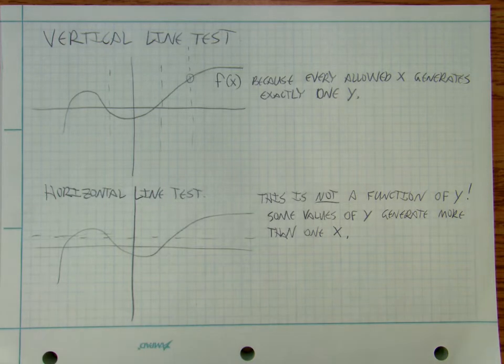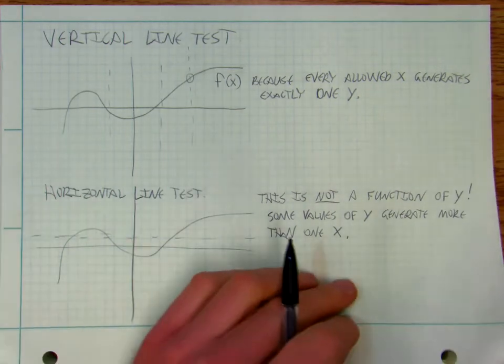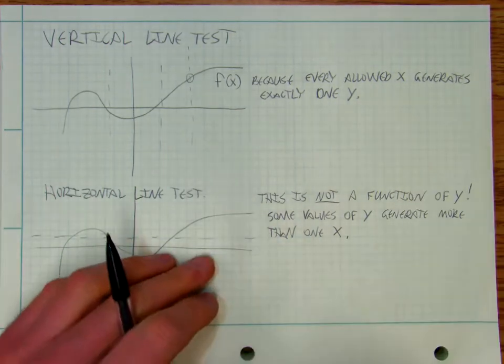Okay, so we have some functions that are functions of x, we have some functions that are functions of y, we have some functions that are functions of x and they are functions of y, and you just sort of have to look at the horizontal line test and the vertical line test.